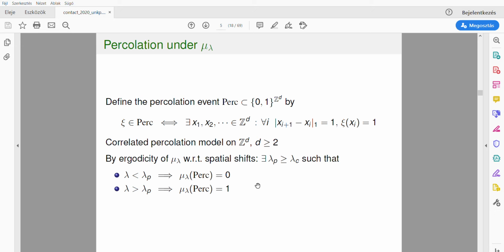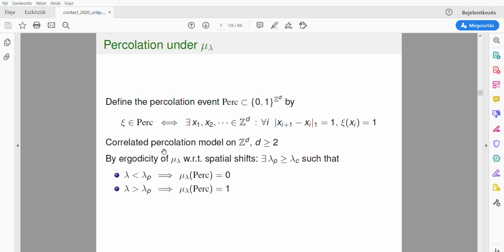And this is an easy fact. The fact that this probability of the percolation event jumps from 0 to 1 is easy because of the previously mentioned stochastic domination, and you have to combine it with the so-called property of ergodicity with respect to spatial shifts of the upper invariant measure.